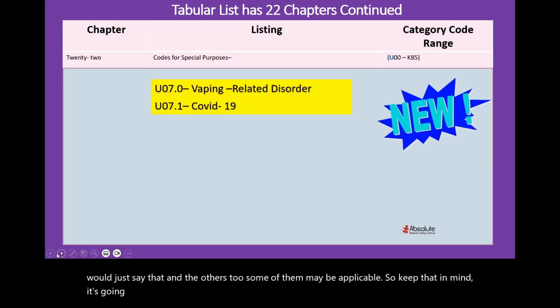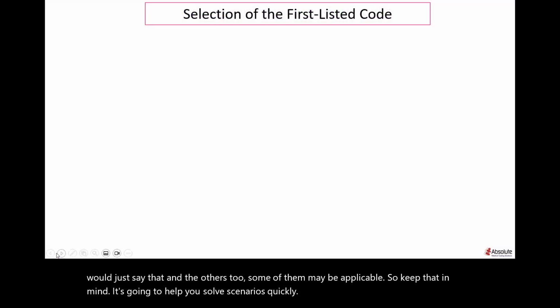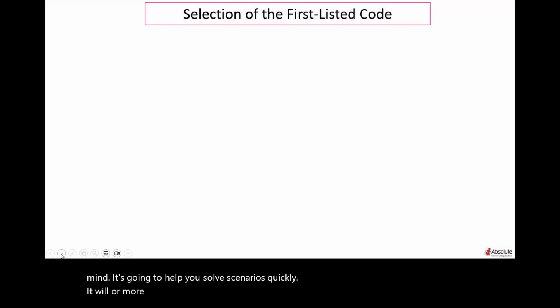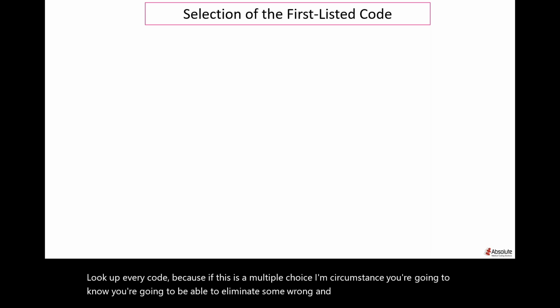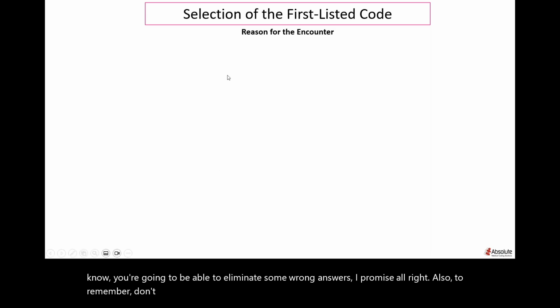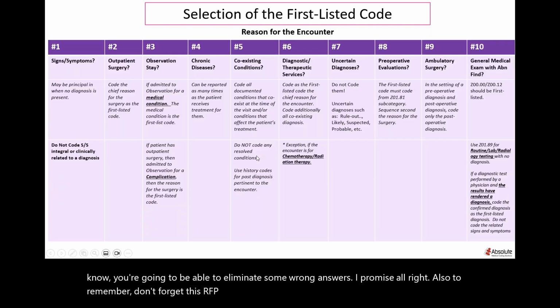It's going to help you solve scenarios more quickly and efficiently. You won't have to look up every code, because if this is a multiple choice circumstance, you're going to be able to eliminate some wrong answers. I promise.